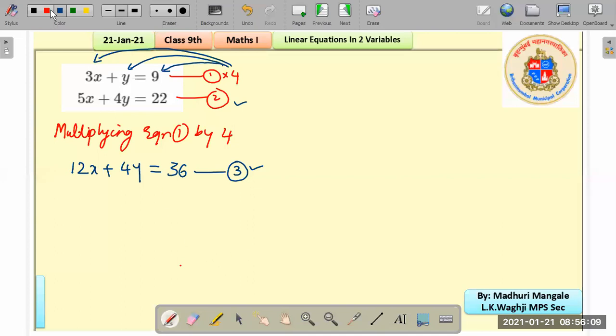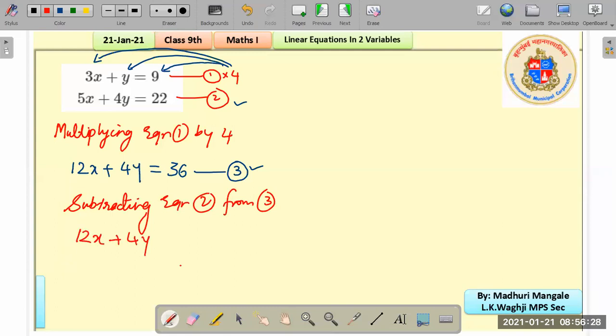So we write out the step: subtracting equation 2 from equation 3. All right, so that will be 12x plus 4y equals 36, minus 5x plus 4y equals 22.